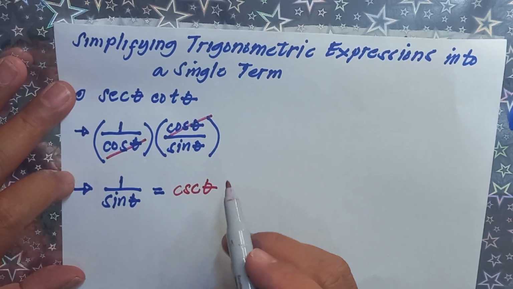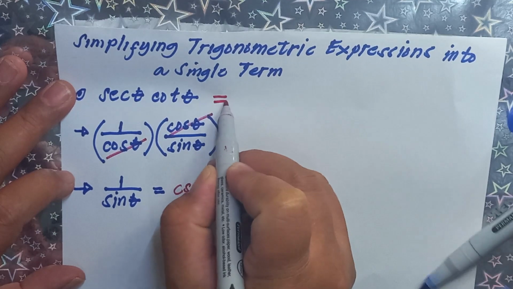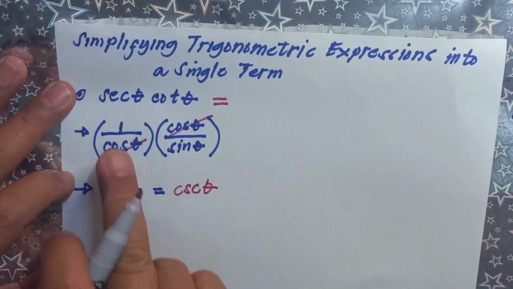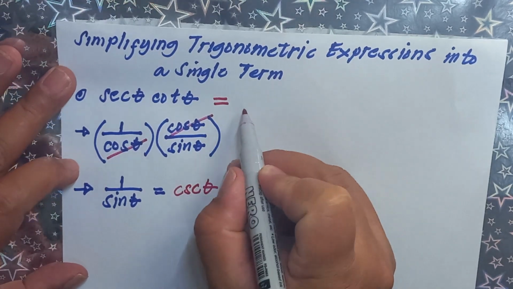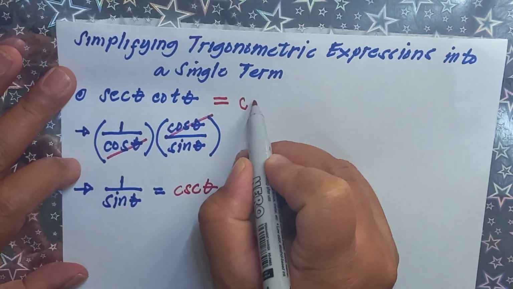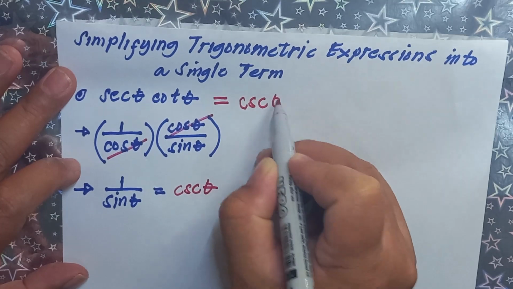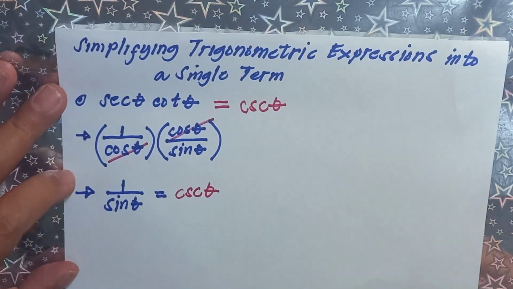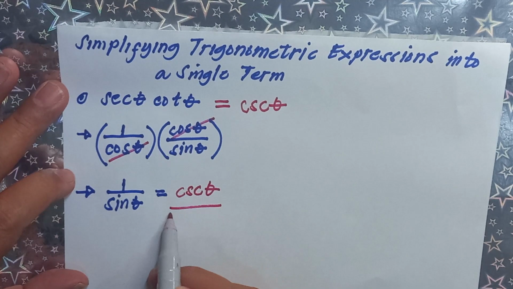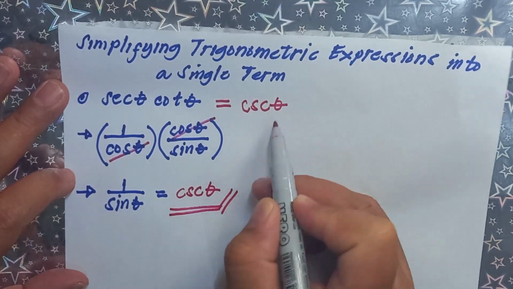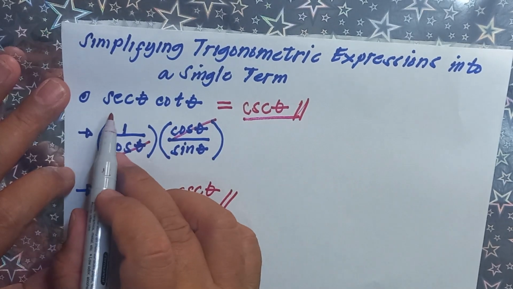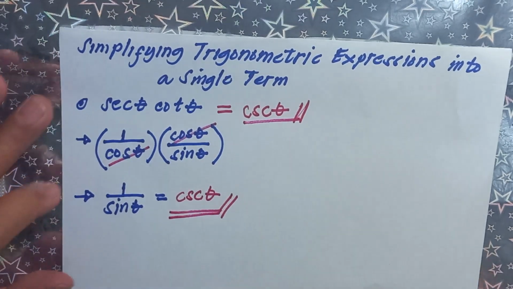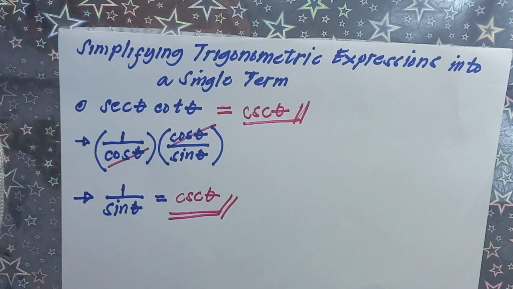So the result of our example, which is the product of secant theta and cotangent theta, is actually cosecant theta. That is the result. Meaning, the product of this one is cosecant theta.